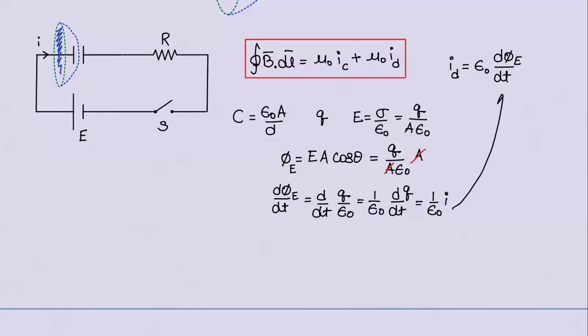Now put this value here, you'll understand. I displacement is equal to epsilon naught into 1 by epsilon naught I. Cancel. So if you take this curved surface, conventional current is 0, but displacement current will be there because electric field is changing.